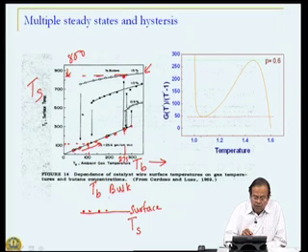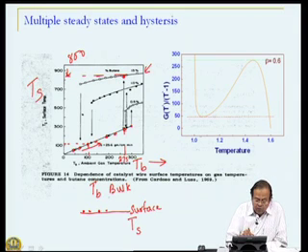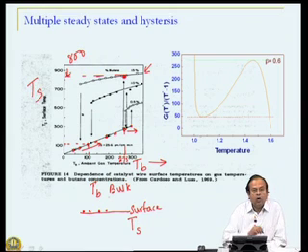Now, after increasing the bulk temperature beyond 275, and these are all approximate numbers just to illustrate the idea here, I found that my surface temperature was suddenly around 800. My wire became extremely hot.